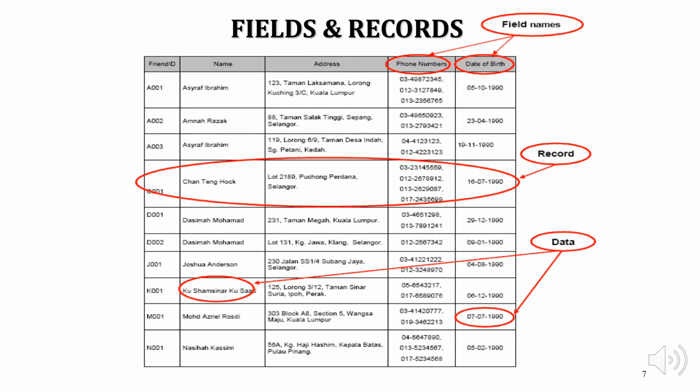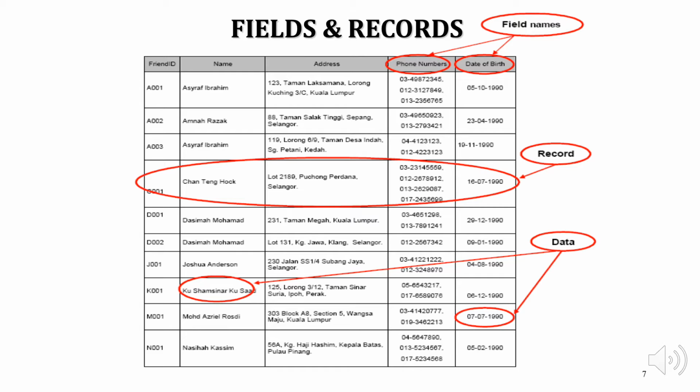In the 5 field names, this is a group of records, which has 10 records. Each one is a record, from Ashraf, a record of Amina, Ashraf, Ibrahim, Chang Teng, and so on.